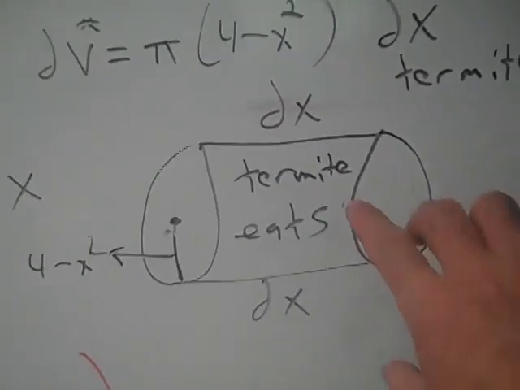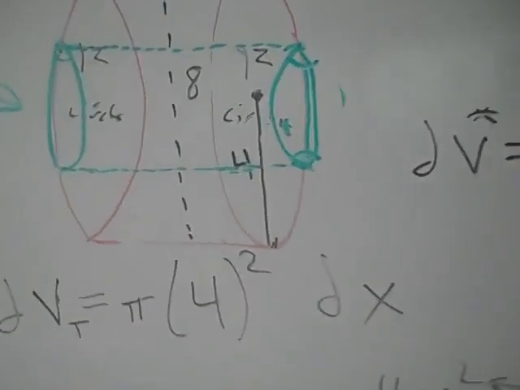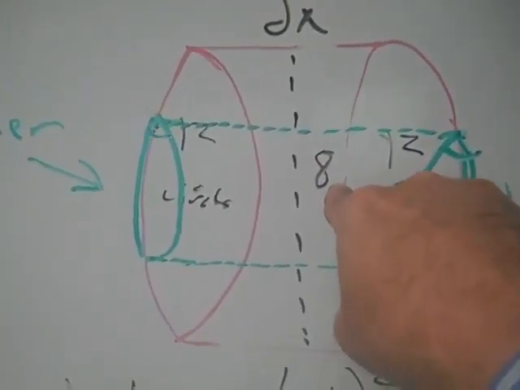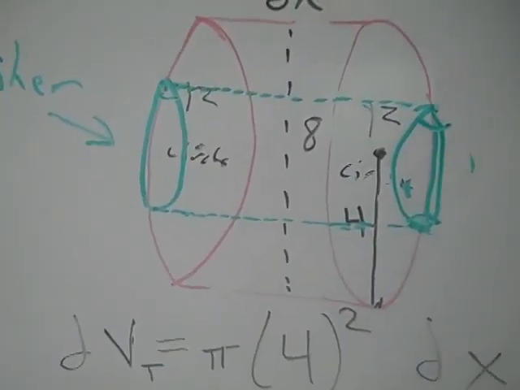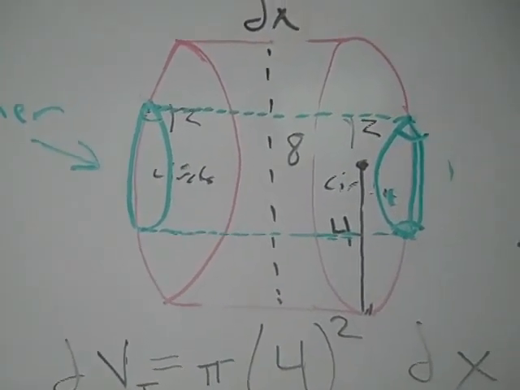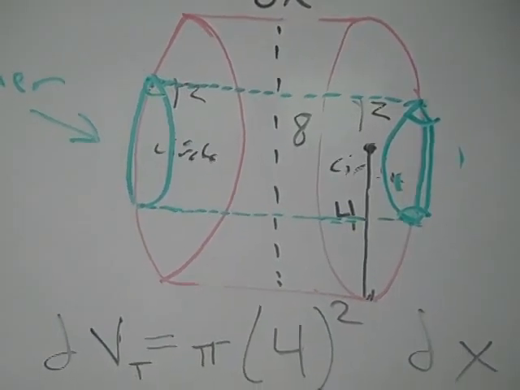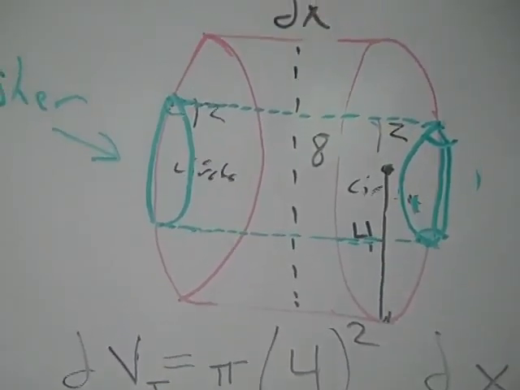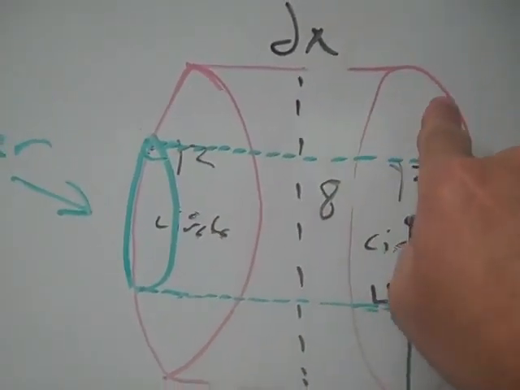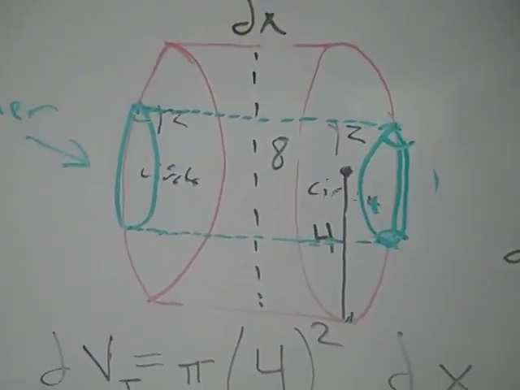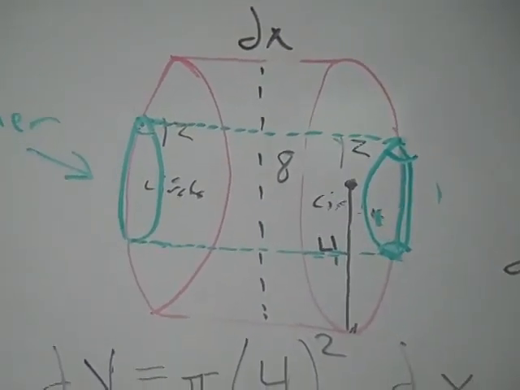So we're going to take this black cylinder, we're going to turn it green, and we're going to embed it into the pink. So here's the same cylinder in green color, and the termite is going to chew out that center piece, that center green piece. And we're just going to be left with this 3D region up here and down here. That's going to be the infinitesimal volume that's going to be left over.